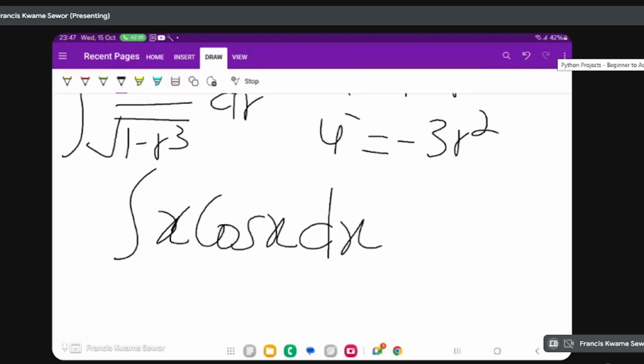Yes. Yeah, you can use substitution. Okay, why? What case is this one? Is it a single function or two functions multiplying? Two functions multiplying.